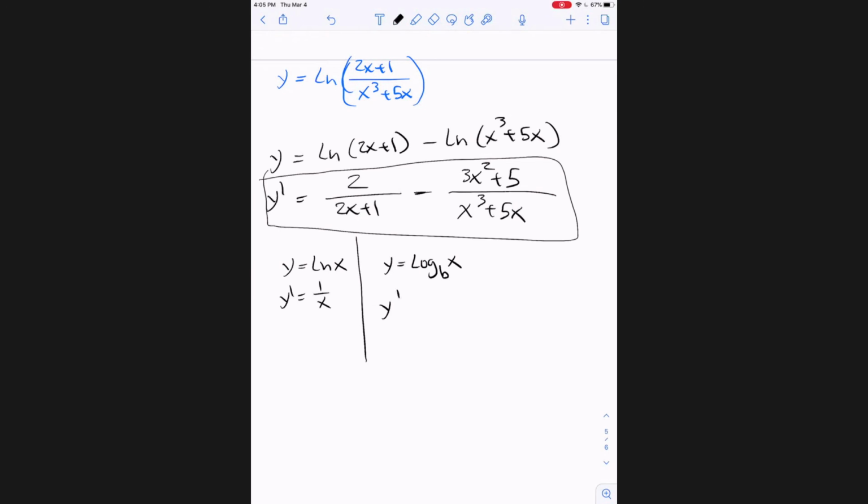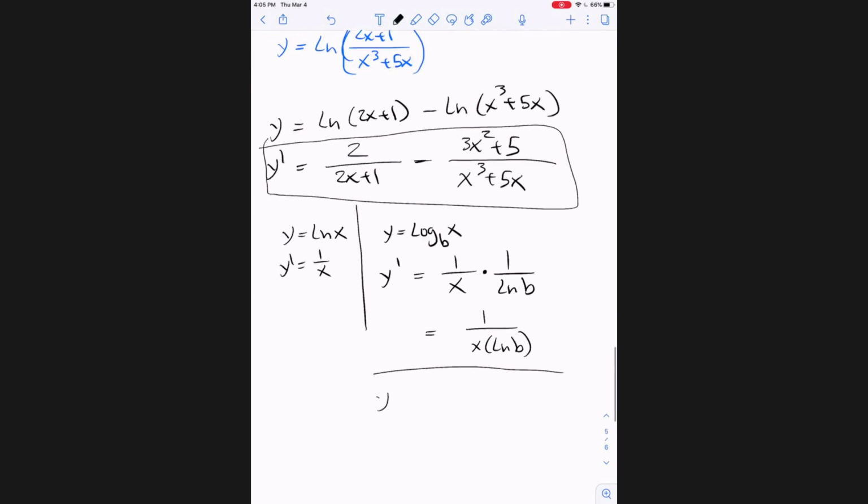So the derivative would be 1 over x times 1 over natural log of whatever b is, which can be simplified to 1 over x times the natural log of b. And then if you have to use the chain rule, you still put the derivative of what's on the bottom on top.